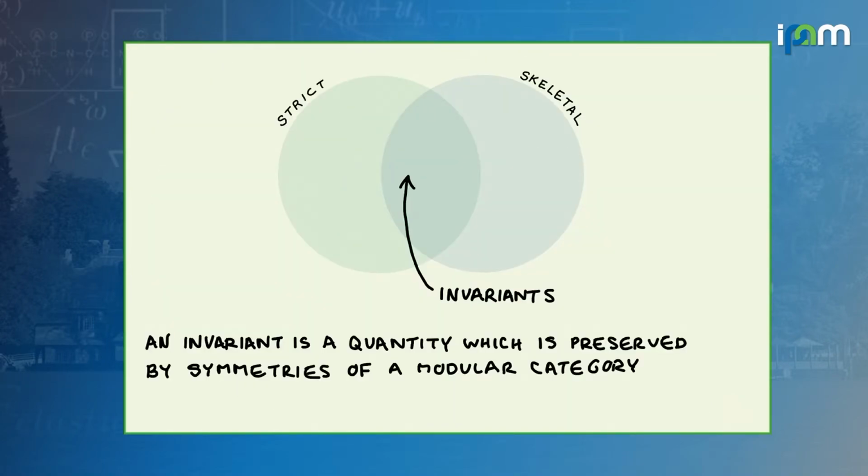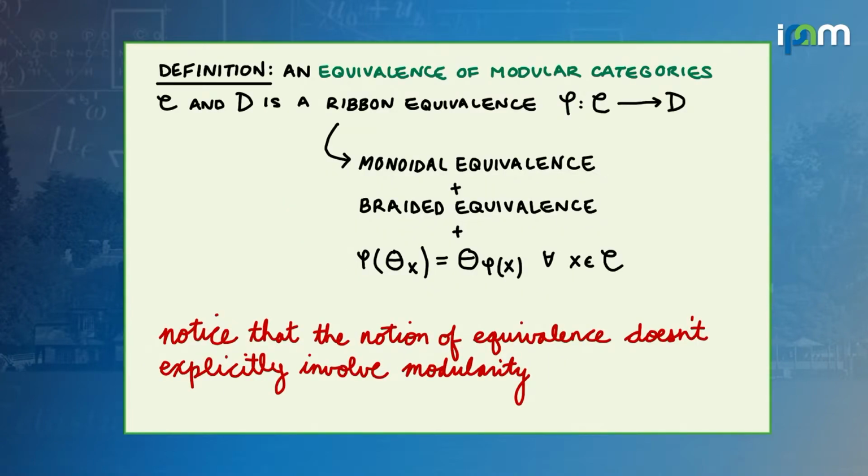So these invariants in the middle, I just want to be really clear about what I mean when I say invariants. These are quantities associated to our modular category that are preserved by symmetries, meaning equivalences of our modular category. Depending on whether you want to work really abstractly and categorically or really concretely and skeletally, you're going to think about these things in different ways.